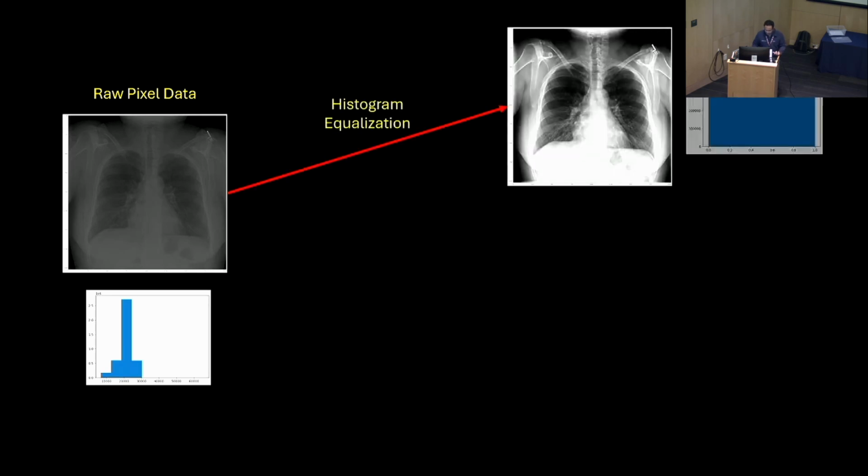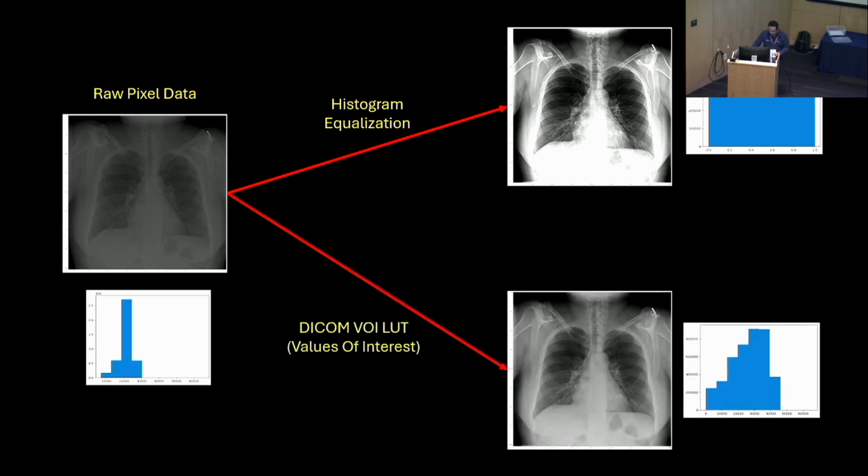And image C is transformed using histogram equalization. This method of transforming the data is very, very common in computer vision. And the one that I showed you was called DICOM LUT, value of interest, and it gives us this image which is shown in B.